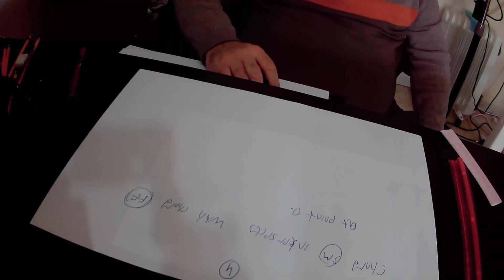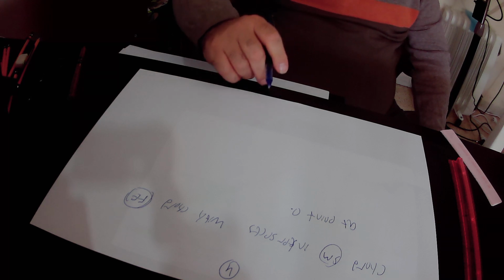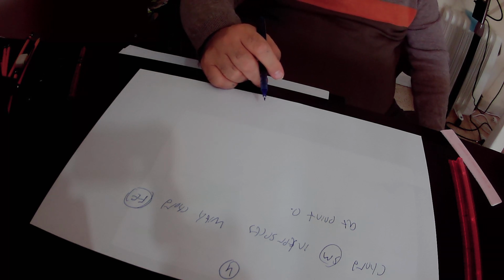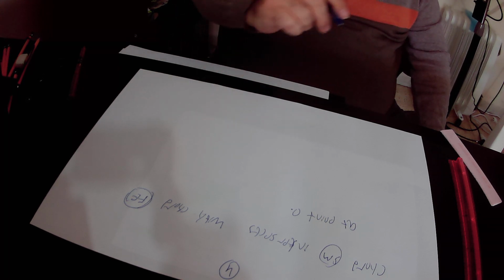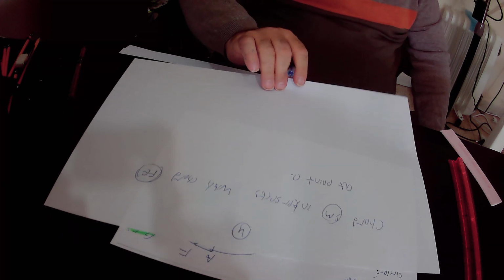I'll repeat again. In our original drawing, we have chord SM that intersects with chord FE at point O. Point O is the intersection point of the two chords.